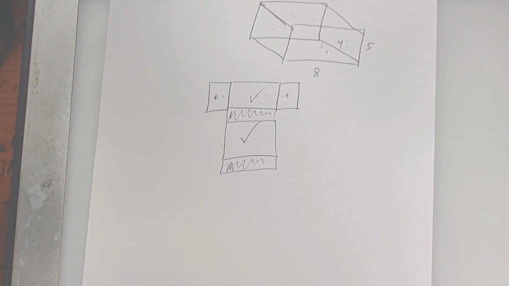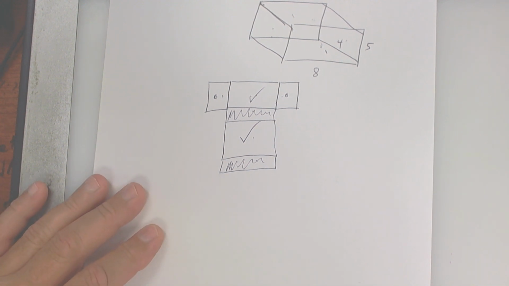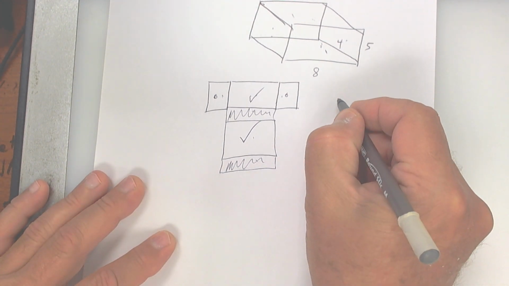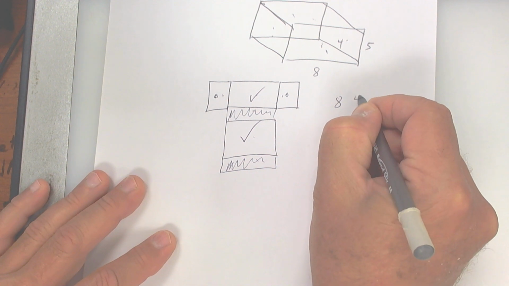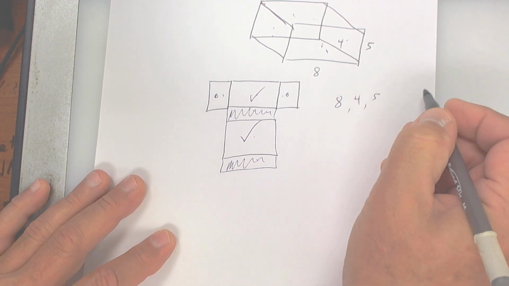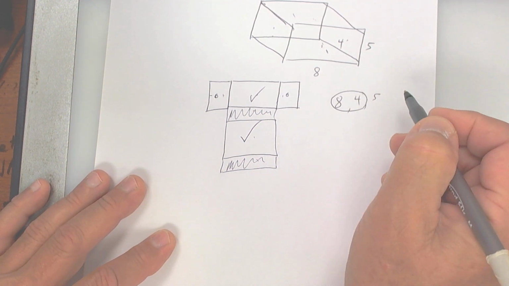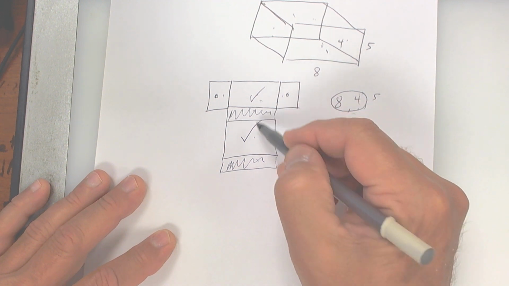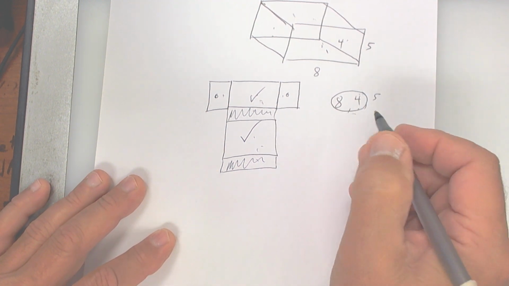That's easy. But to do surface area, here's how you do it. You're going to take all 3 of these. I'm just going to show you the easy way. You're going to take these 2, and you're going to multiply by 2 because you have 2 of them, a top and a bottom or whatever.